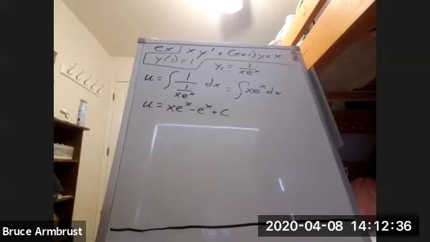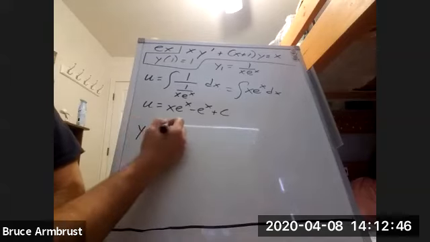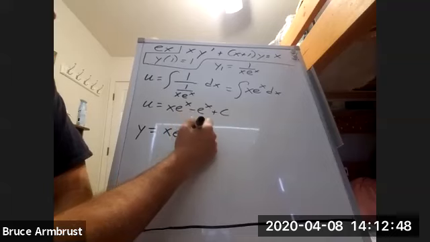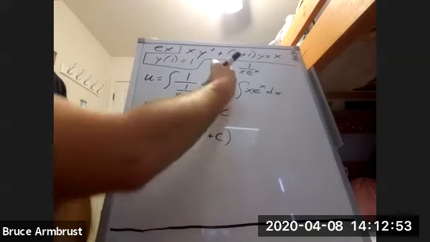So now let's go back to what the process is here. We take that u and we multiply it by y1. So that means our solution is going to be x e to the x minus e to the x plus c, and we're going to multiply that by y1.